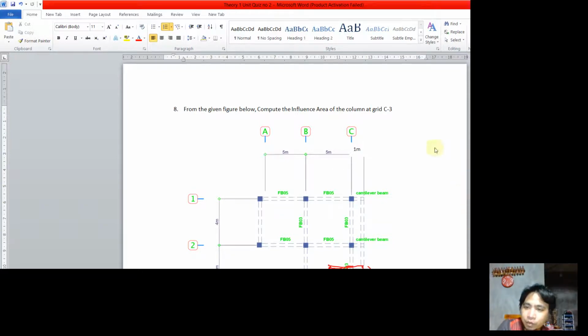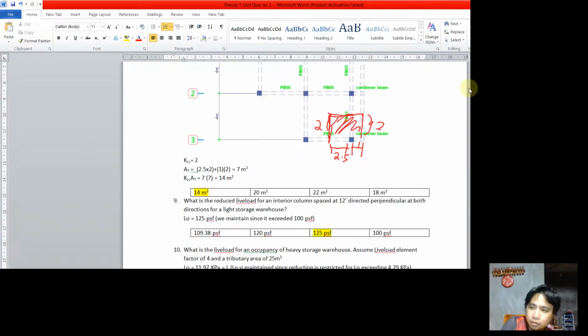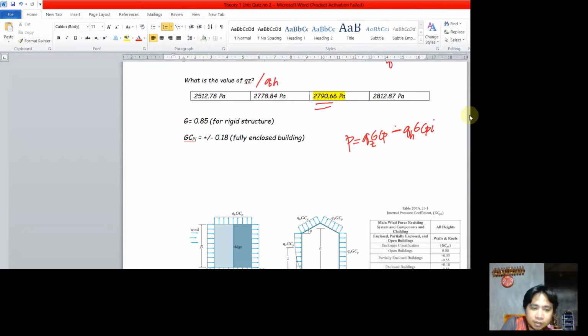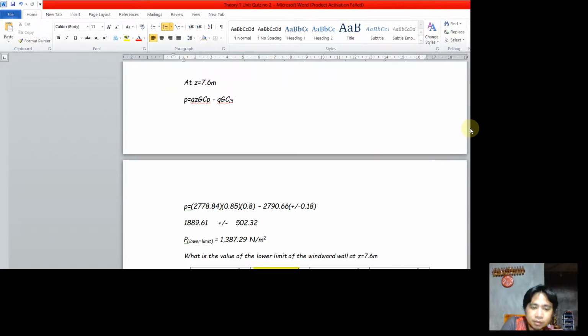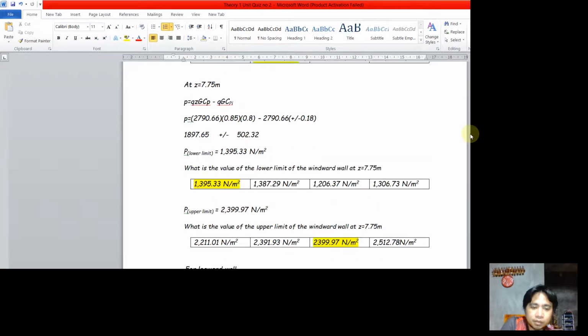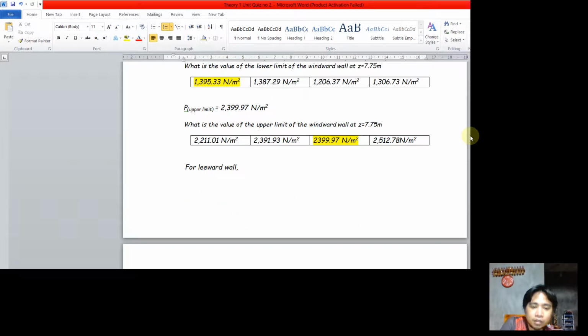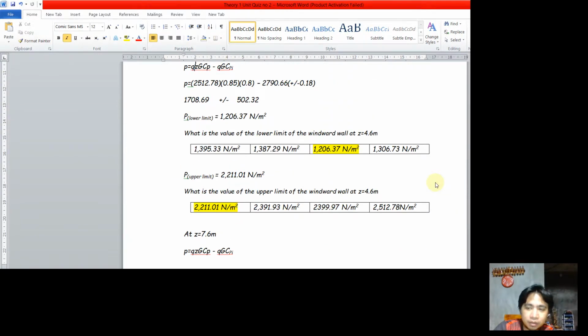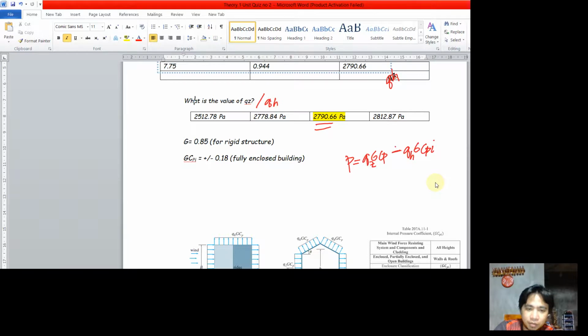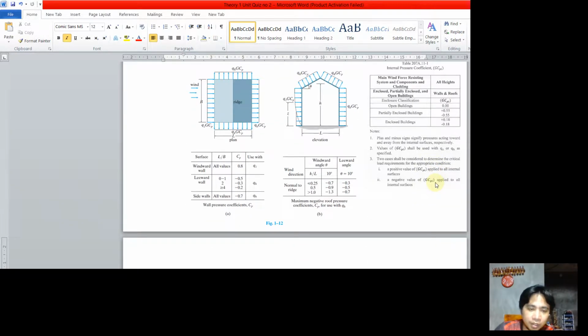Now for the leeward wall. For the leeward wall, this time we need to use L over B, and L over B is 10 over 7, which will be equal to 1.43. If we go back to the table, we are in the leeward wall already.